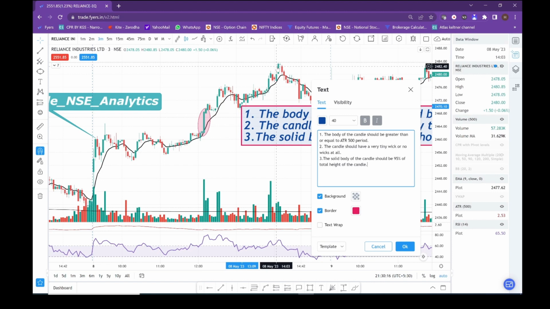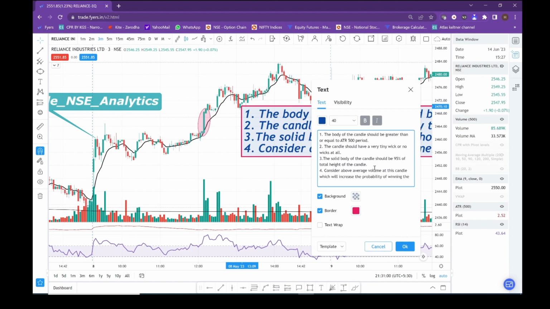The fourth rule is consider above average volume at this candle, which will increase the probability of winning the trade.